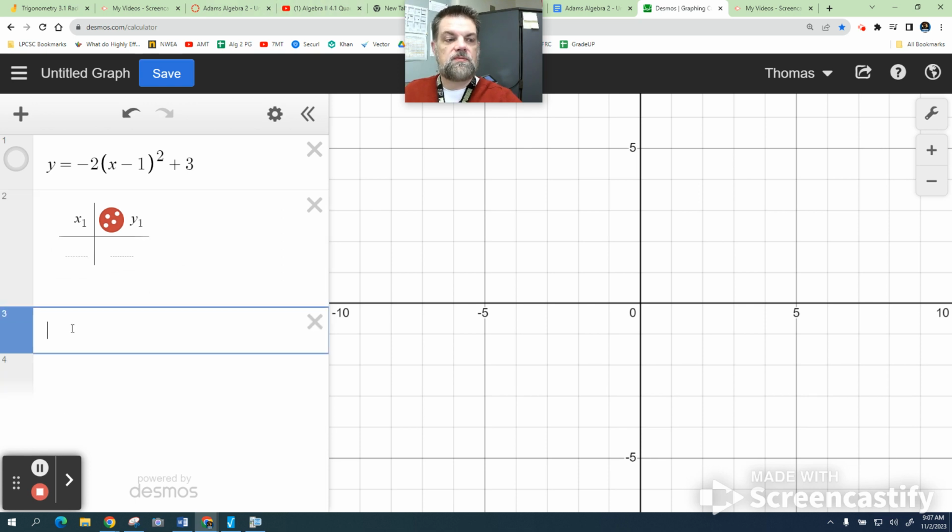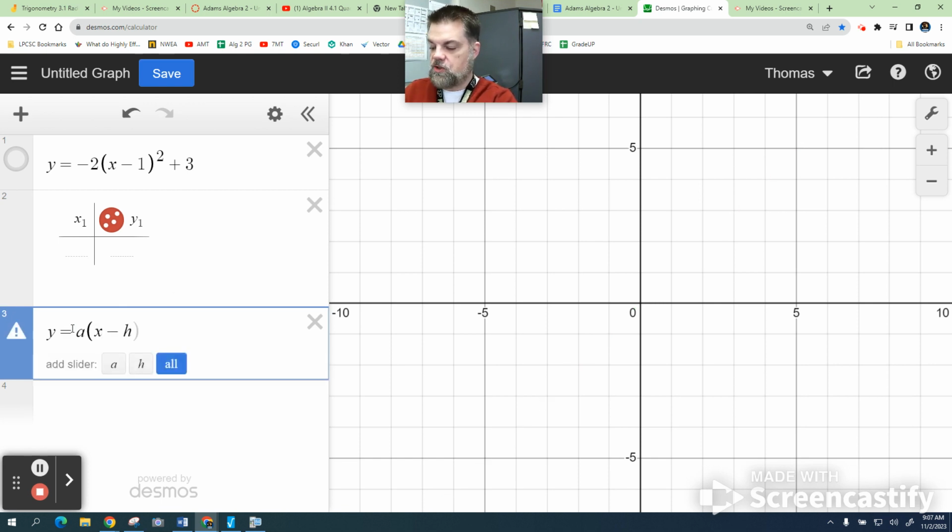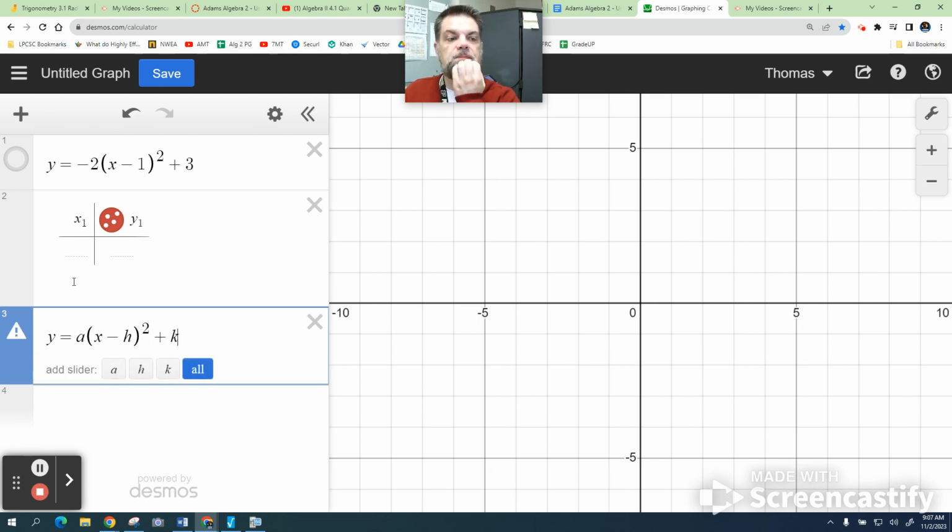Well, so remember that this is written in what we call the vertex form. So it's a times the quantity x minus h squared plus k, right? And I'm not going to add the sliders yet. So what's my h value?